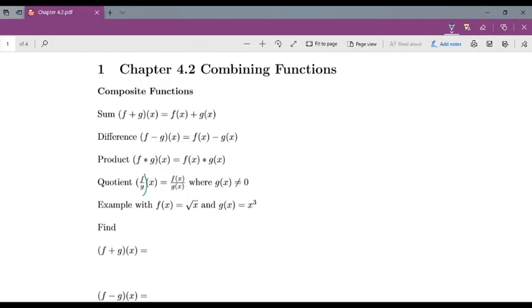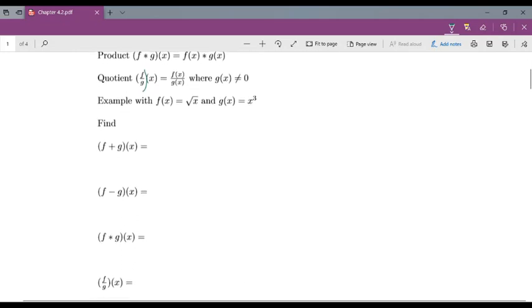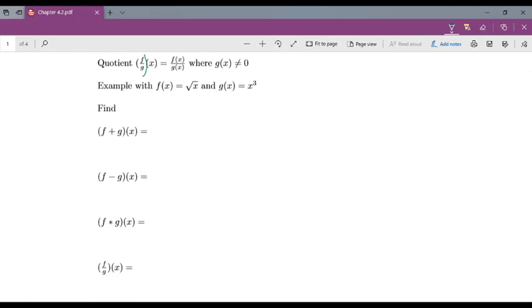Now, let's look at the first example. It says, example, we have f of x equal to the square root of x and g of x equal to x to the third. Let's find f plus g of x. So, f of x plus g of x is essentially what this is equal to. Our f of x function here is the square root of x. Our g of x function here is x to the third.